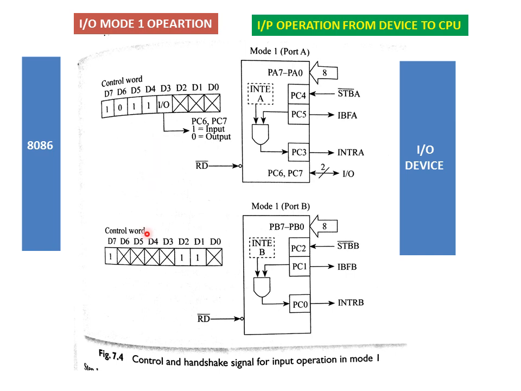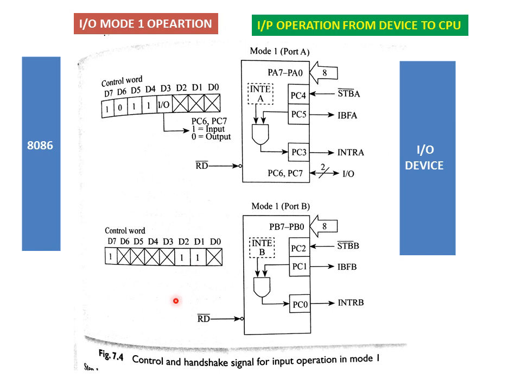Same here, observe the control word for the port B register. D7 1 indicates IO mode, and D2 1 indicates port B mode 1 operation, and D1 indicates the port B and port C direction bits.